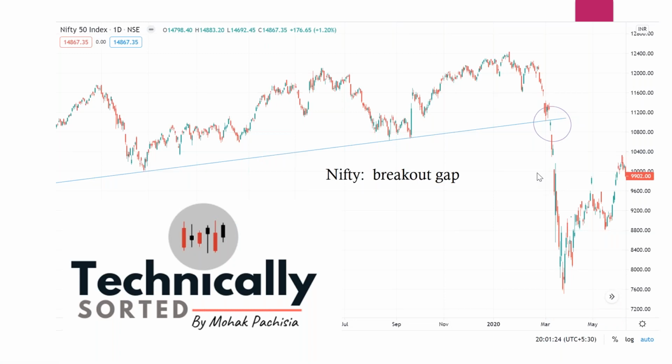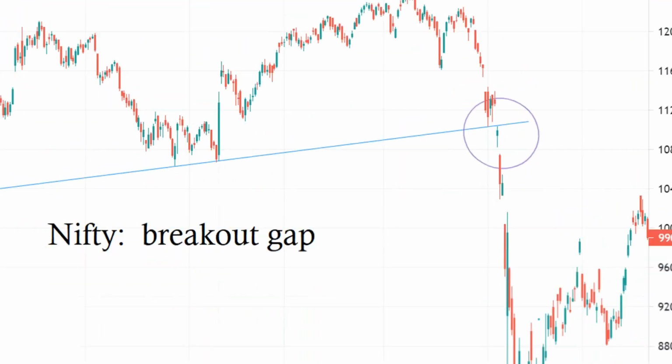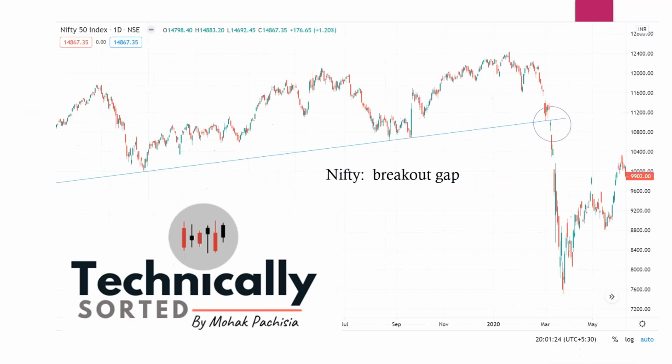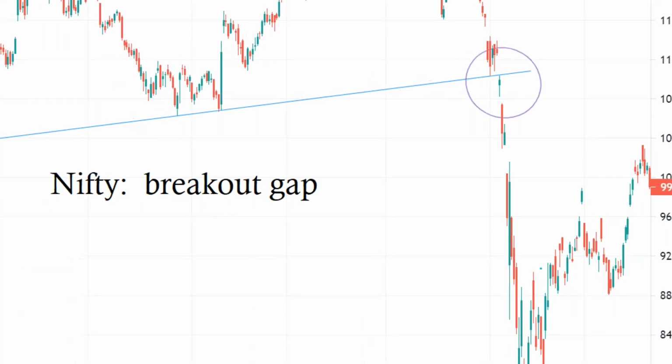Now let's look at another gap, which is a bearish gap down in the prices. There's a trend line on Nifty. This is 2020, the major fall which happened in the market, and here we see that this trend line is being broken out overnight. These are daily candles, and over here you see a green colored candle, even though it's a gap down.